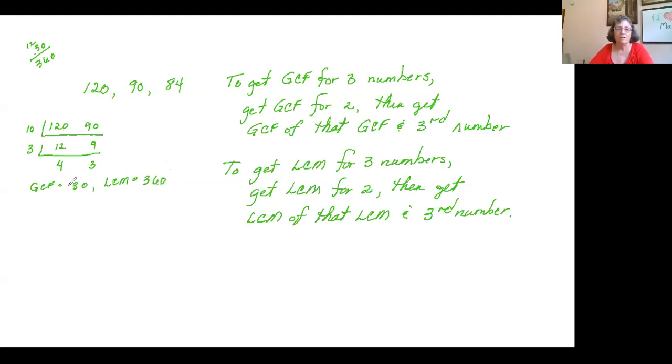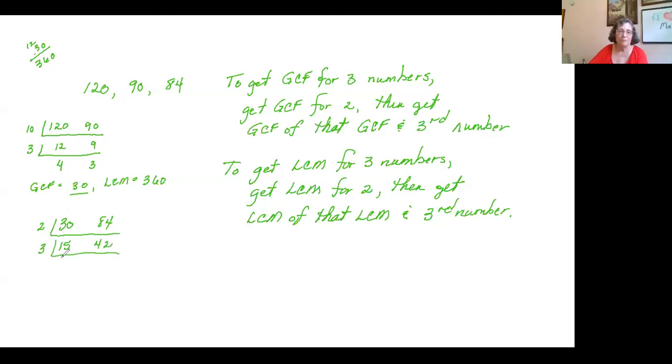To get the greatest common factor between these 2 and the 84, we need to find the greatest common factor between the 30 and the 84. If I divide by 2, that's going to be 15 and 42.